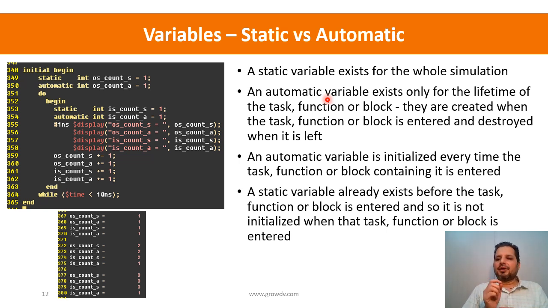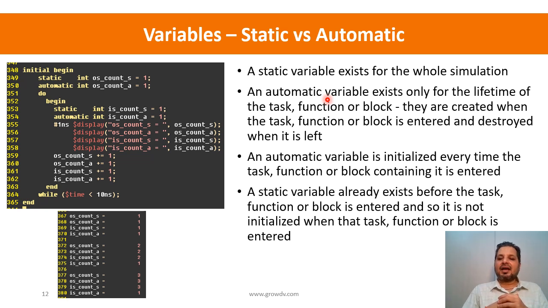This is from the storage or lifetime point of view. From the initialization point of view, an automatic variable is initialized every time the task, function or block containing it is entered. As soon as it gets entered, it gets initialized. You might have an explicit initialization, in which case it gets initialized with whatever explicit value you pass.